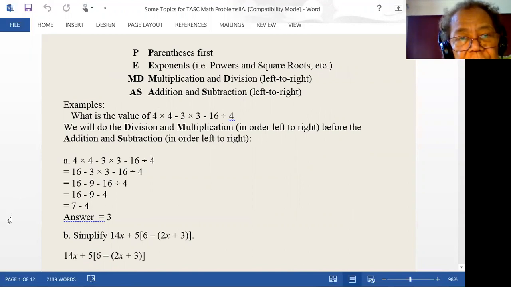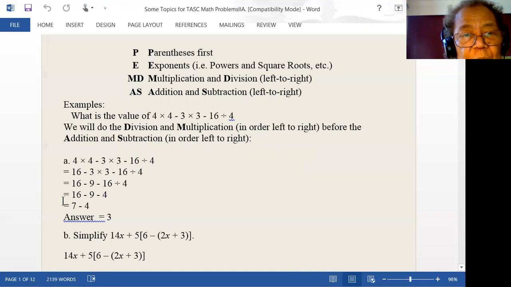So we do 4 times 4, and we get 16 right here. What is the next thing that we do? We see another multiplication, 3 times 3, and that's 9. Now, the next operation will be division, and that's 16 divided by 4. And 16 divided by 4 is 4.